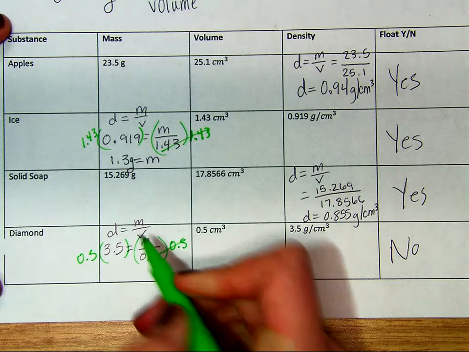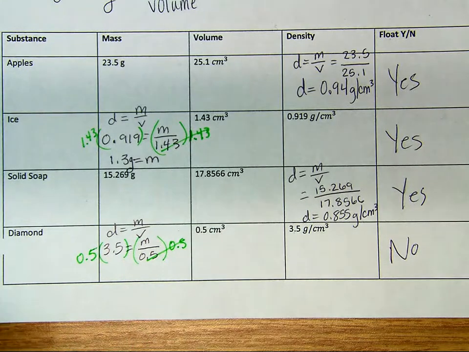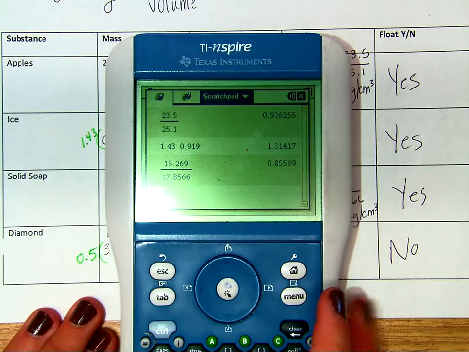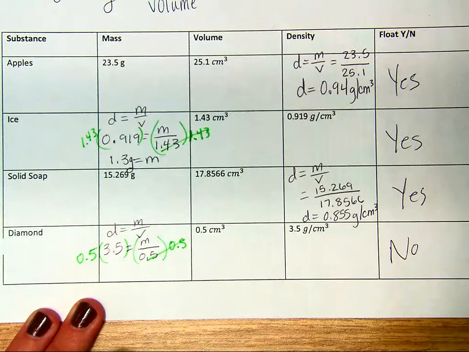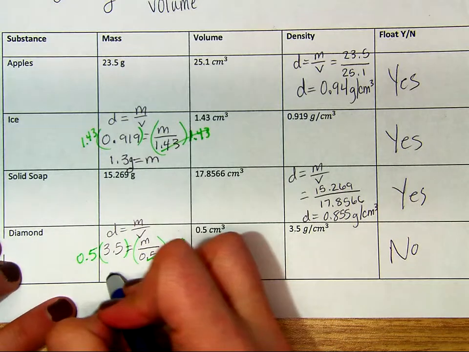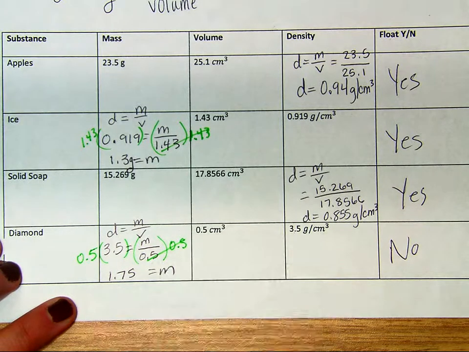So now I've got 3.5 times 0.5, which gives me 1.75 equals M. Don't forget your units. Grams are our units for mass.